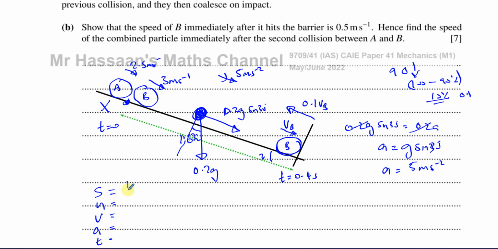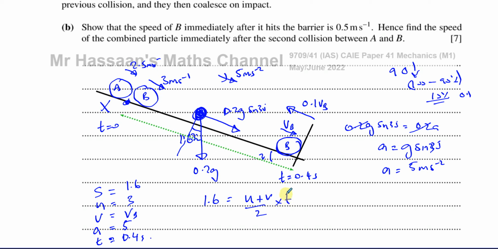So s is 1.6, u is 3, v is what we're trying to find, a is 5, and the time is 0.4 seconds. We could actually have done without a. I could have used 1.6 equals u plus v over 2 times t.